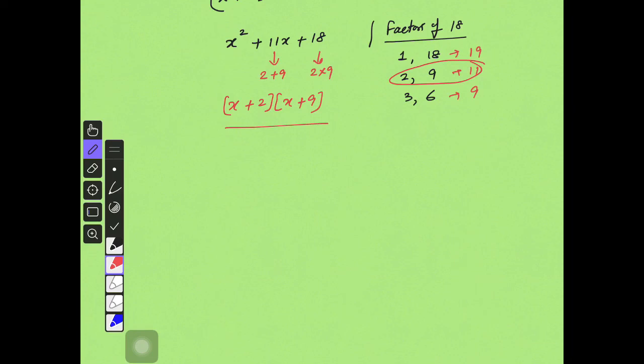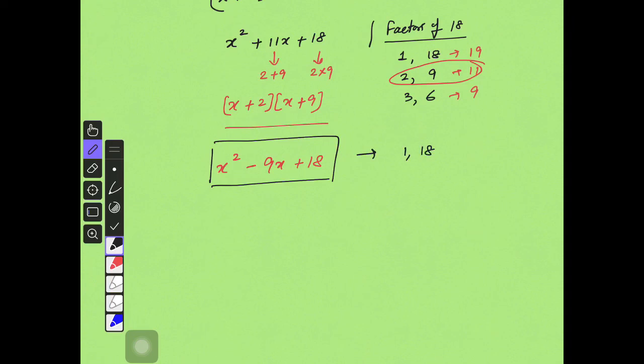Let's take one example with a negative number. More complex problems we can discuss later. Just take one: x square minus 9x plus 18. The product will remain the same, 18, but the sum is actually going to be negative 9. All these factors are there again: 1 and 18, 2 and 9, 3 and 6.